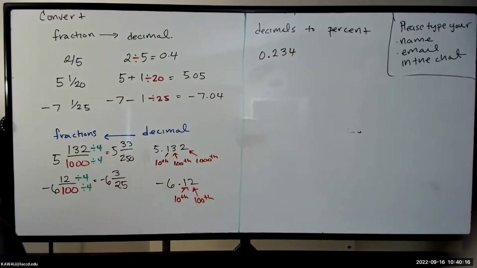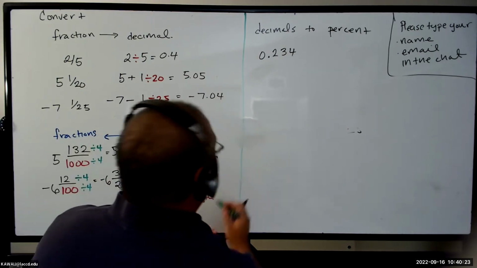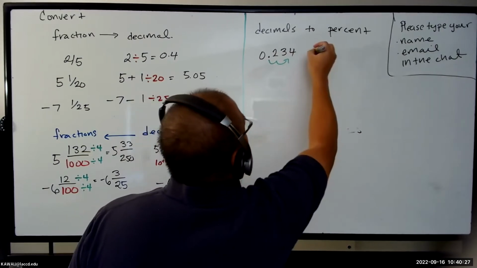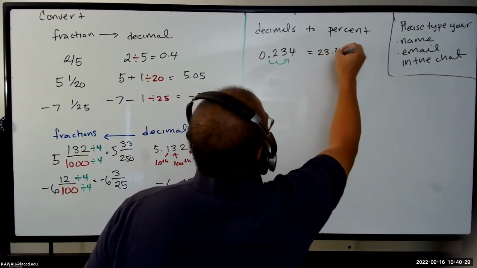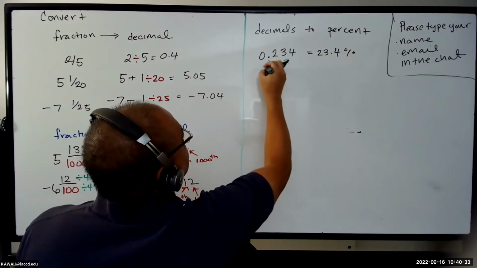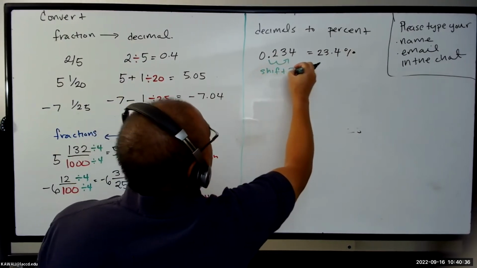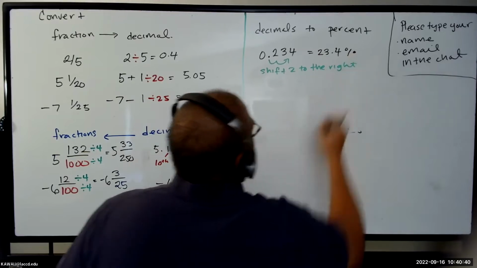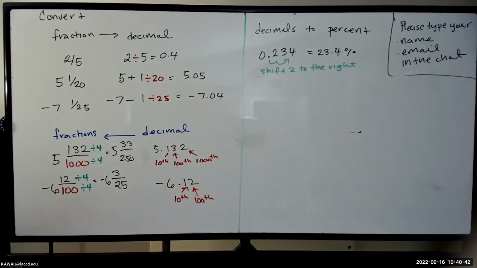Wherever your decimal is, shift 2 to the right. So if I shift 2 to the right, this will equal 23.4%. It's always shifting 2 to the right. Okay. So it's always 2.